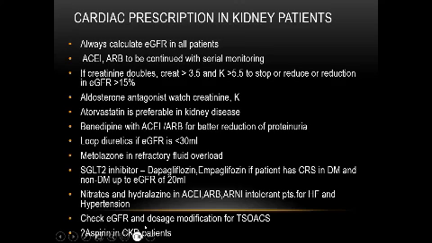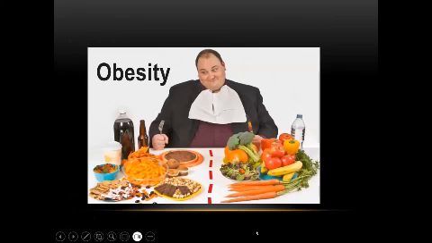And of course, there's a controversy of giving aspirin in CKD patients. So previously, nephrologists didn't want to give aspirin, but if there is a cardiac indication, you can definitely give aspirin. So the third non-cardiac situation is going to be obesity.